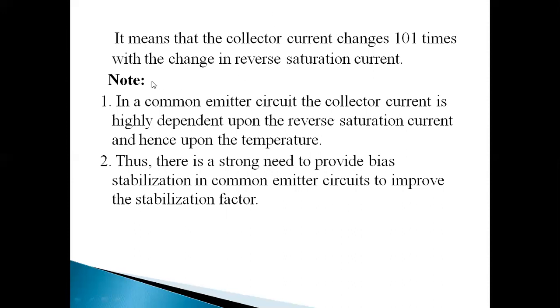Based upon the stability factor value, the collector current changes that many times with the change in the reverse saturation current. So in a common emitter circuit, the collector current is highly dependent upon the reverse saturation current and hence upon the temperature. Thus, there is a strong need to provide bias stabilization in common emitter circuits to improve the stability factor.